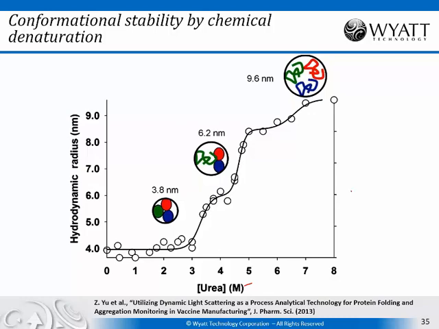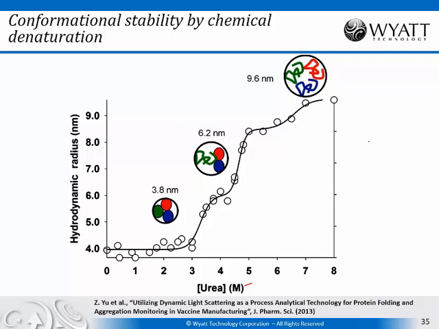And this work was contributed and published by some folks at Sanofi. And we see that, in fact, there's this increase of size shown in the change in hydrodynamic radius, which corresponds to unfolding. And there are three plateaus or three transitions that correspond to the three different domains which were unfolding.